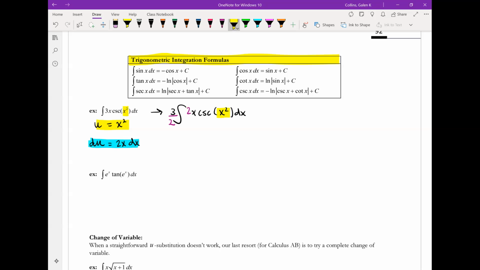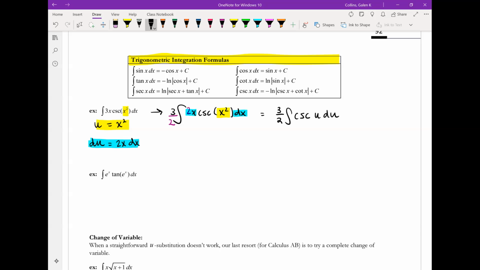All right, so now we've got our u, and we can identify within our integrand our du, and then 3/2, our constant multiple, is coming along for the ride. So 3/2 times the antiderivative of the cosecant of u du.